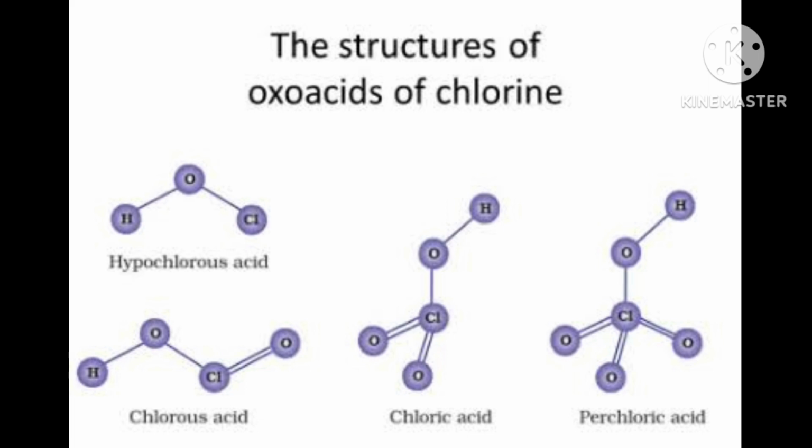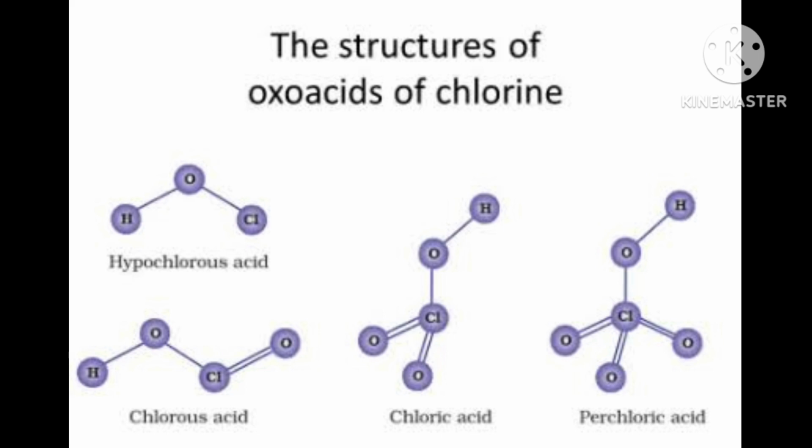Now come to chloric acid. Here oxidation state of Cl is 5, so it can make 5 bonds. But here 3 oxygens are there in chloric acid.